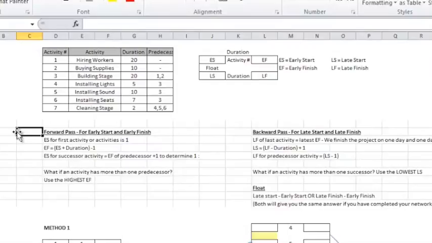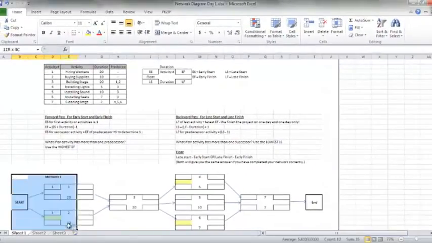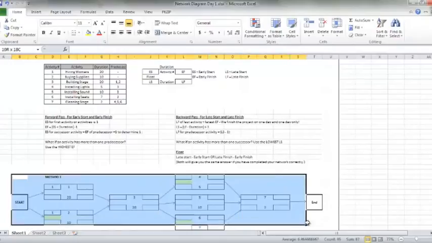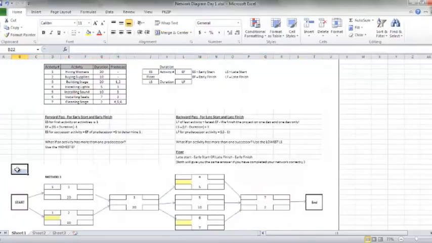Okay? Now, what we do to find out the path of the project is we do what's called a forward pass, and we do what's called a backward pass. The forward pass involves you and I going through this network diagram down here from left to right.